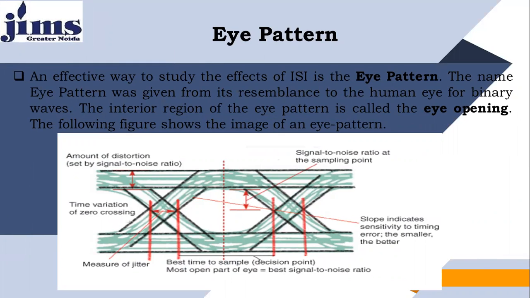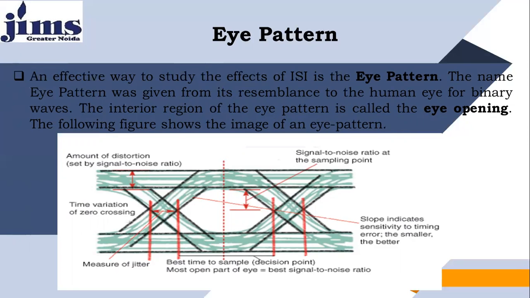By seeing the eye pattern, you can guess how much the ISI affects the signal, and you can then take some steps to minimize the effect. The name eye pattern was given from its resemblance to the human eye for a binary wave.